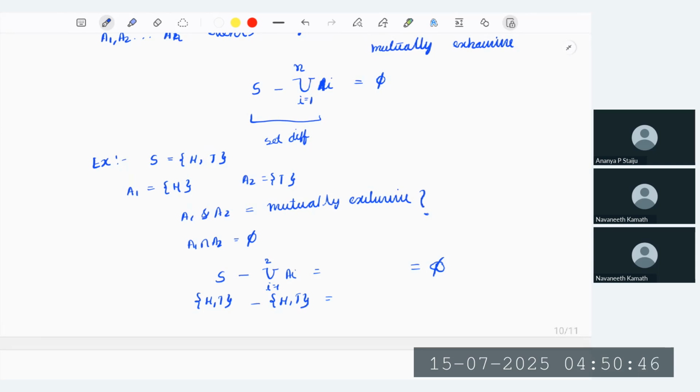So we have just completed the random experiment sample space. We have completed. Now we'll be going through the algebra of events.